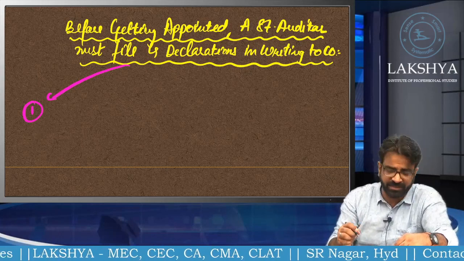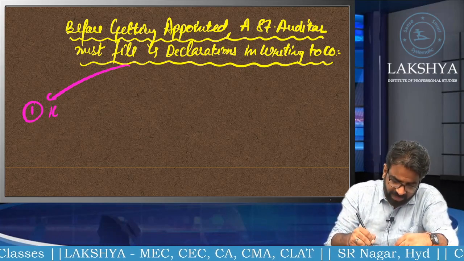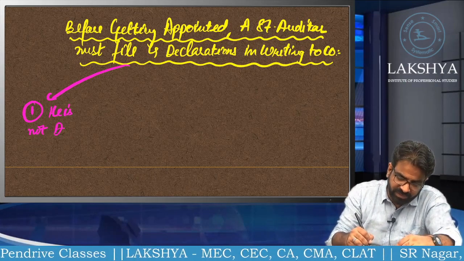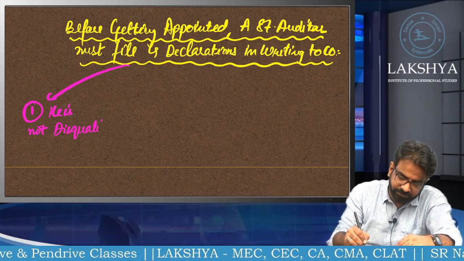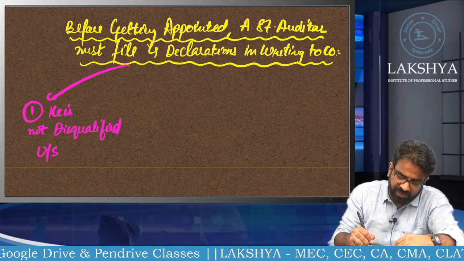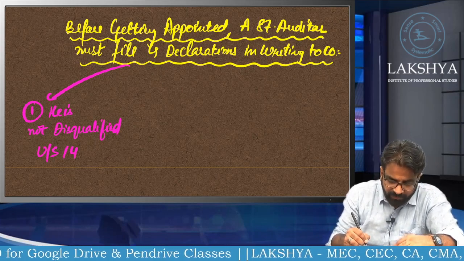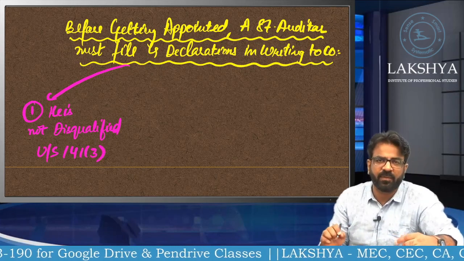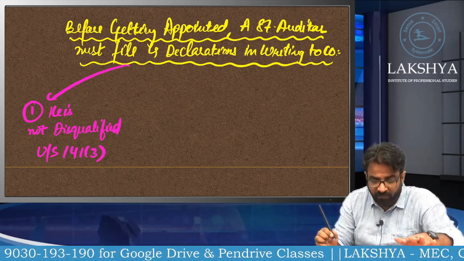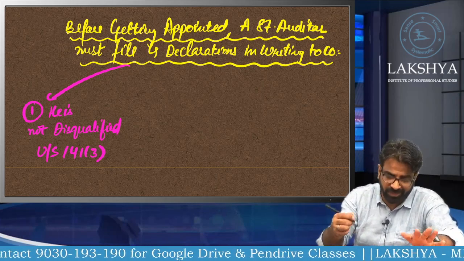Declaration number 1 is: he is not disqualified under section 141 subsection 3. What is the first disqualification? He is not disqualified under section 141 subsection 3. That we'll understand.